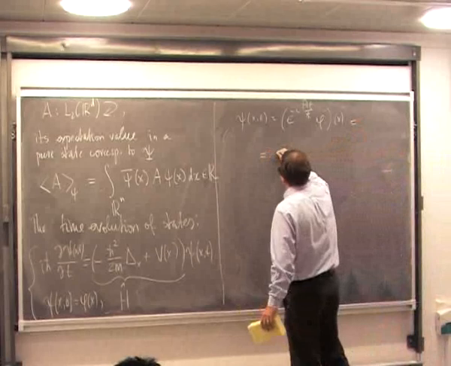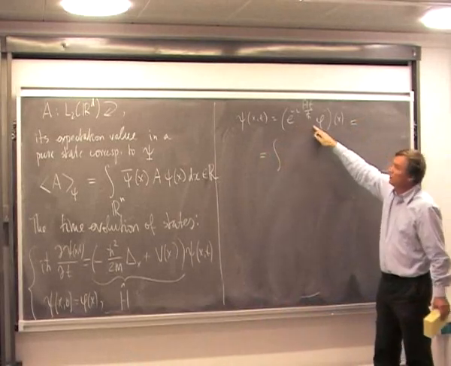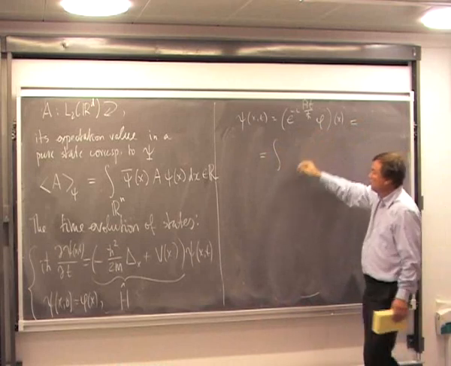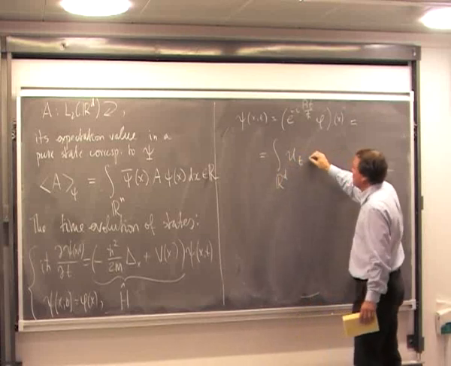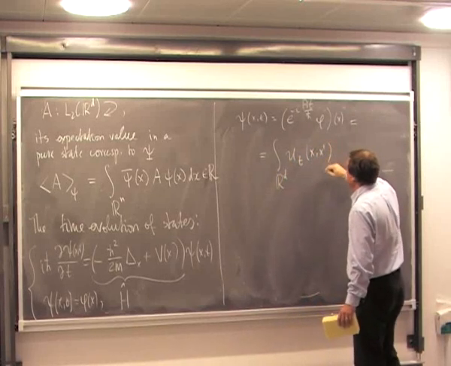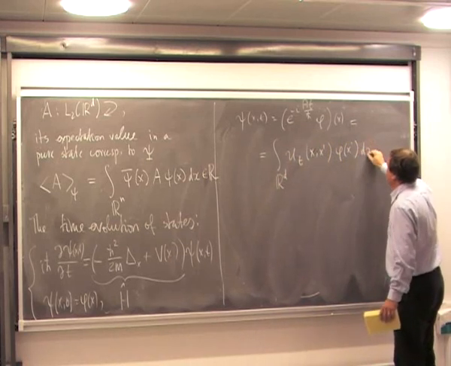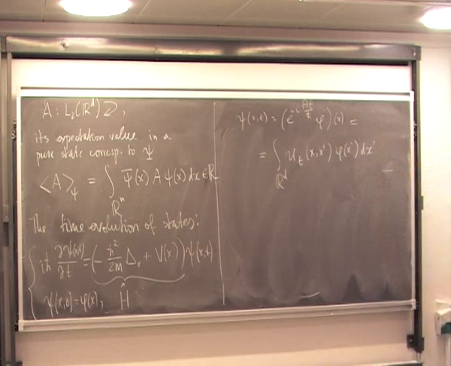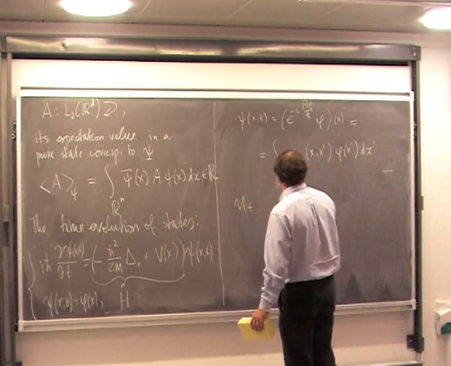You can write it in terms of, so this is a linear operator in L2, so you can write it as the integral operator with the kernel U_t(x, x') applied to phi of x'.